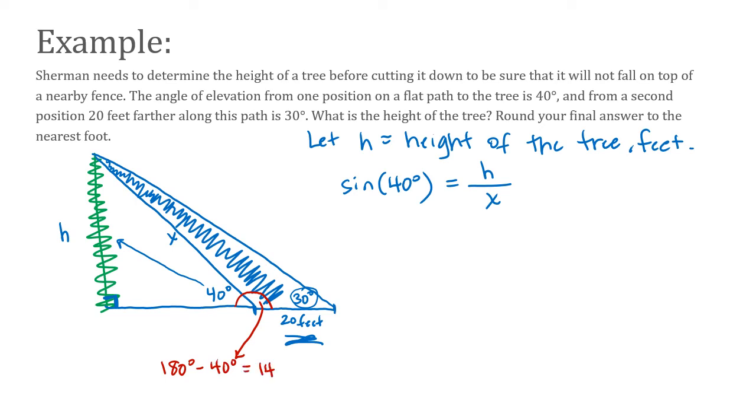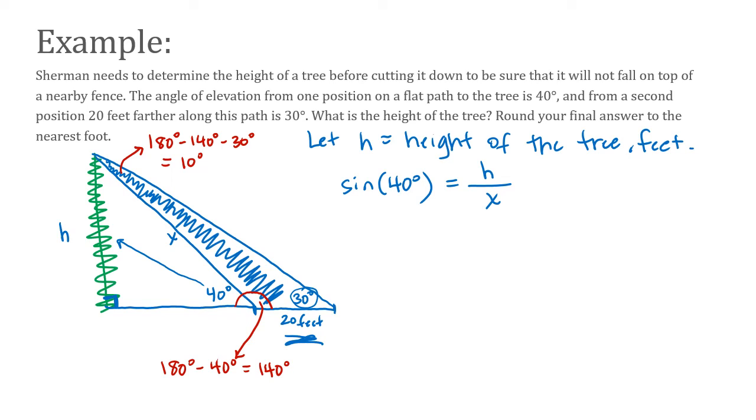That's 140 degrees. That tells me that the angle up at the top is whatever is left over to get me to 180 degrees. So I've got 180 degrees minus the 140 degrees I just found, minus the 30 degrees, and that's going to get me a 10-degree little angle on the inside.